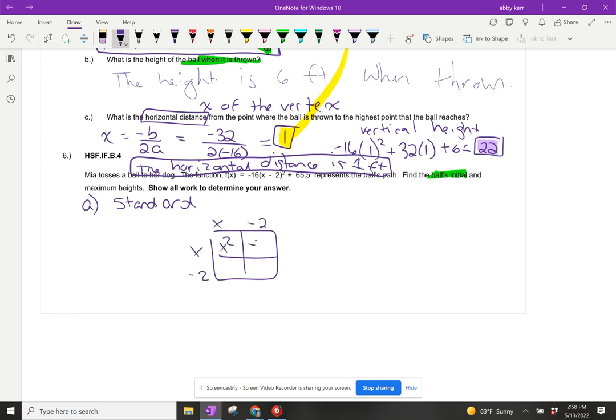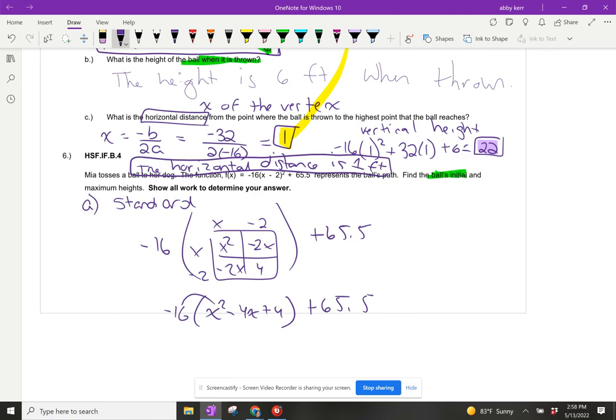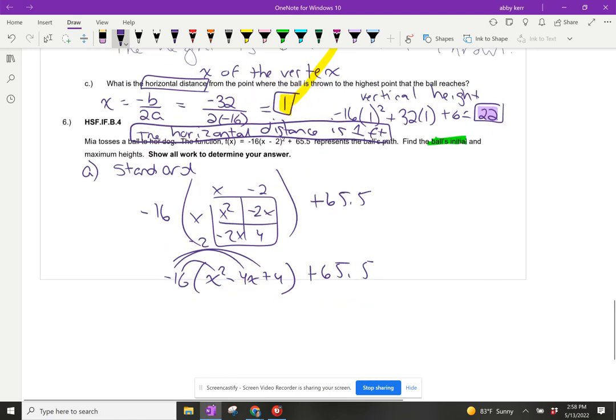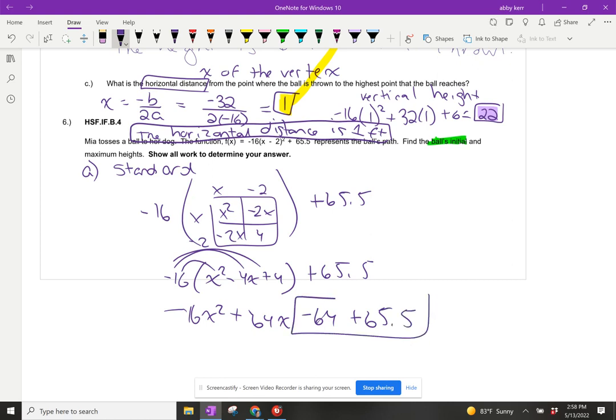So we have x squared minus 2x minus 2x plus 4. So that negative 16 gets dropped down. That plus 65.5 gets dropped down. Distribute. So we have negative 16x squared plus 64x minus 64 plus 65.5. Combine like terms.